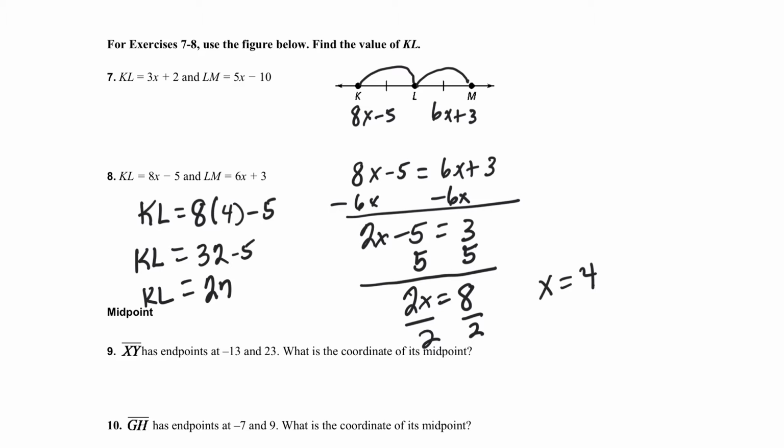So just so you know, once again, the little markings means that these distances will be the same. So we set each expression equal to one another. We subtracted 6x from both sides. So we have 8x minus 6x gives you 2x. Then we added 5 to both sides, divided by 2, and then we substituted into the formula and we came up with the distance.